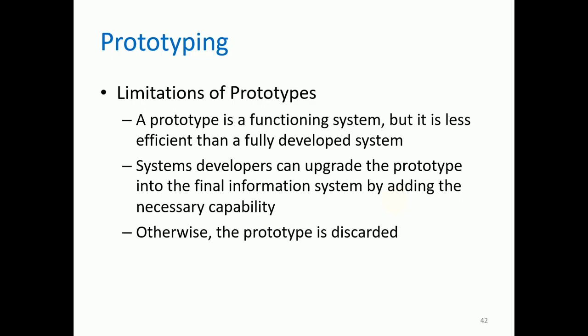So that is why there are certain problems with prototyping. It is functional, but not as efficient as a fully developed system. Systems developers can upgrade the prototype into the final information system by adding the necessary capability. But if it will not meet your needs or you have other plans for your information system, the prototype is discarded.